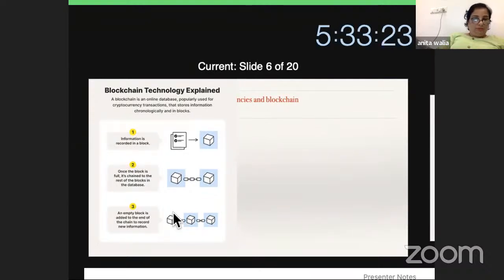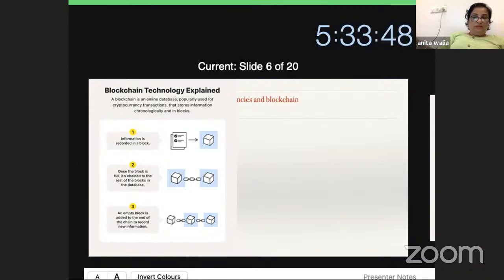So what happens if you make a change in one particular block? Let's say you're in the second block. It will get reflected in all the blocks because it is chained. So it's very difficult to make any changes to this information. Every time a block is full, an empty block is added at the end of the chain to record new information.